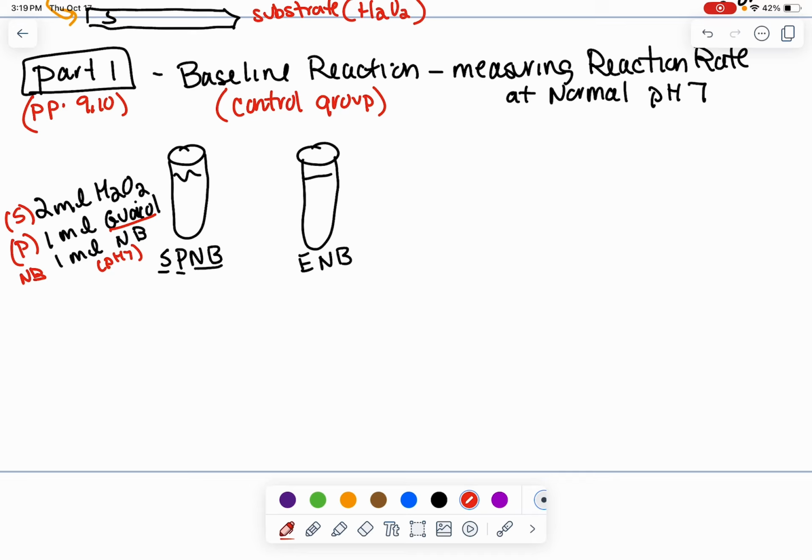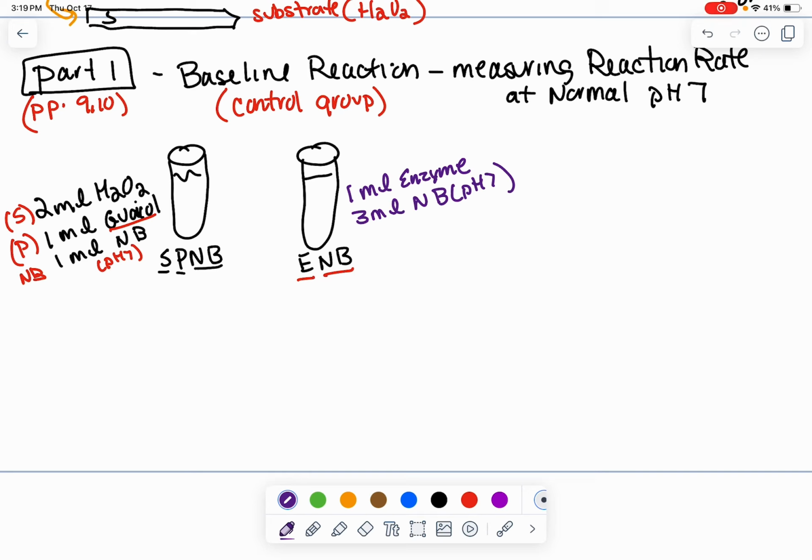Then over here, in the ENB tube, you're going to put 1 mL of enzyme, which I will get from a turnip, and 3 mL of neutral buffer, pH 7. So everything's at a pH of 7.